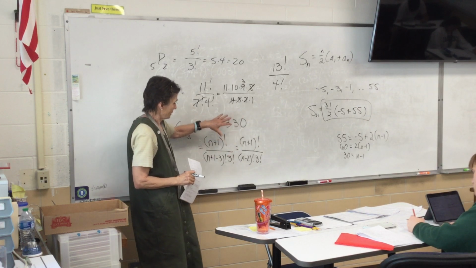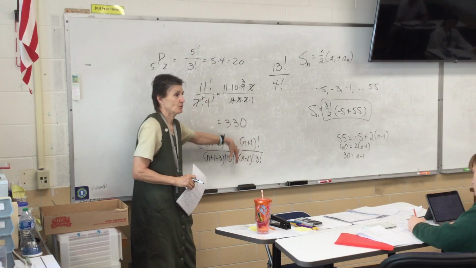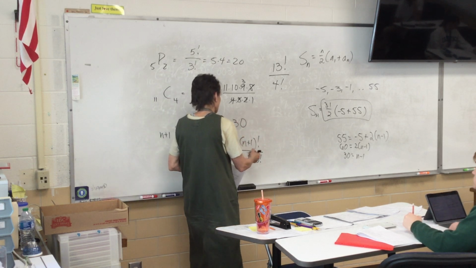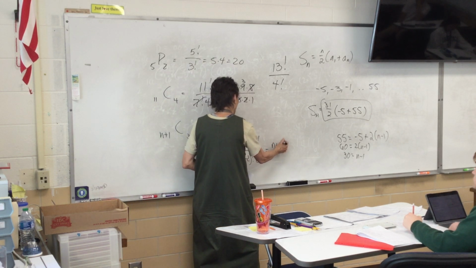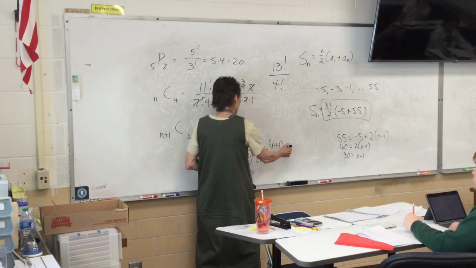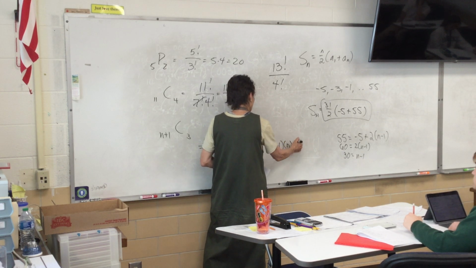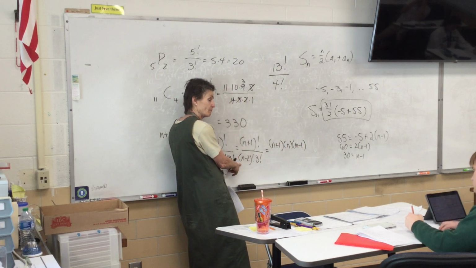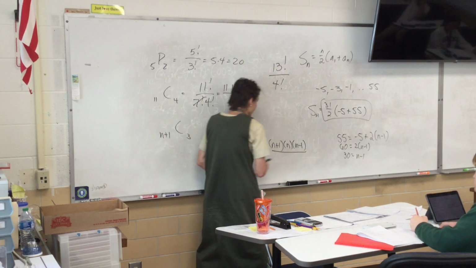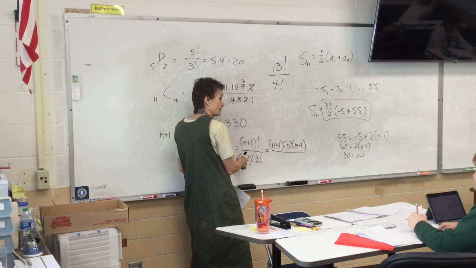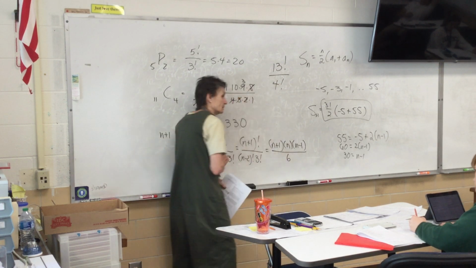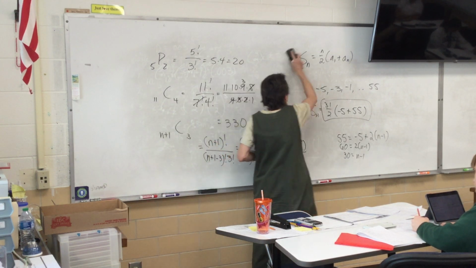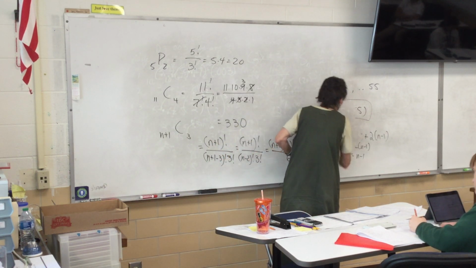Now, eventually we're gonna have cancellation, right? So what are we gonna have before the cancellation starts? Well, we got our n plus 1, and then we'll have n, and then we'll have n minus 1, and then after that, it's all gonna cancel. Yep. But we still have on the bottom 3 factorial, which is 6. And that's good enough. You don't need to FOIL all that out. Good enough, just right there.